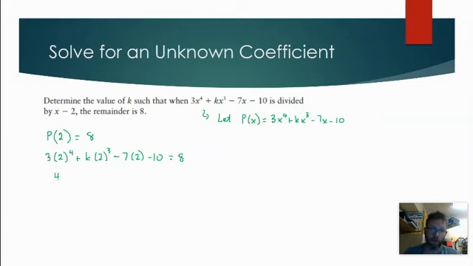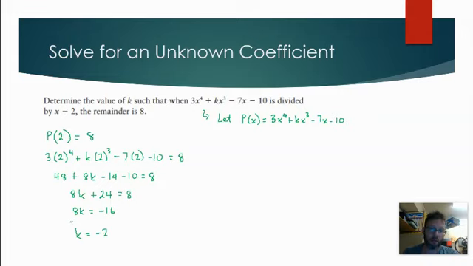This is 48 plus 8k minus 14 minus 10 equals 8. You can probably do this in fewer steps than me, but 48 minus 24, that's plus 24 equals 8. 8k is equal to negative 16, and so k is equal to negative 2.